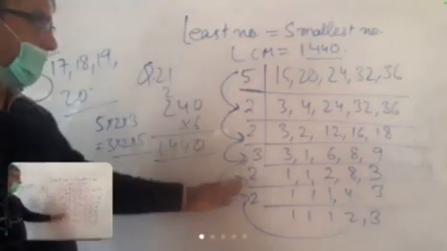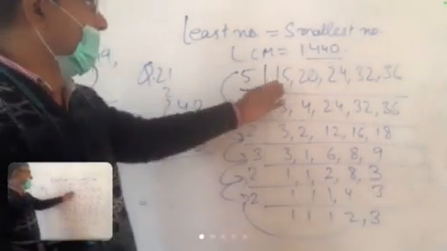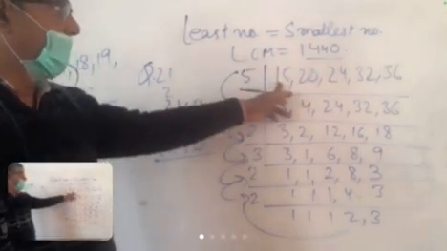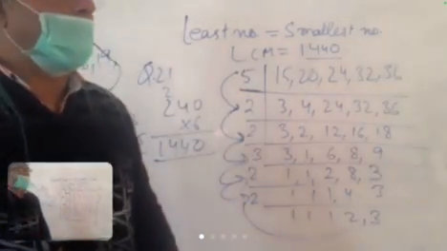Somewhere 5 will exist, because 15 and 20 both are divisible by 5. If you divide with 3, it will be 5. Then you have to do with 5. Okay?